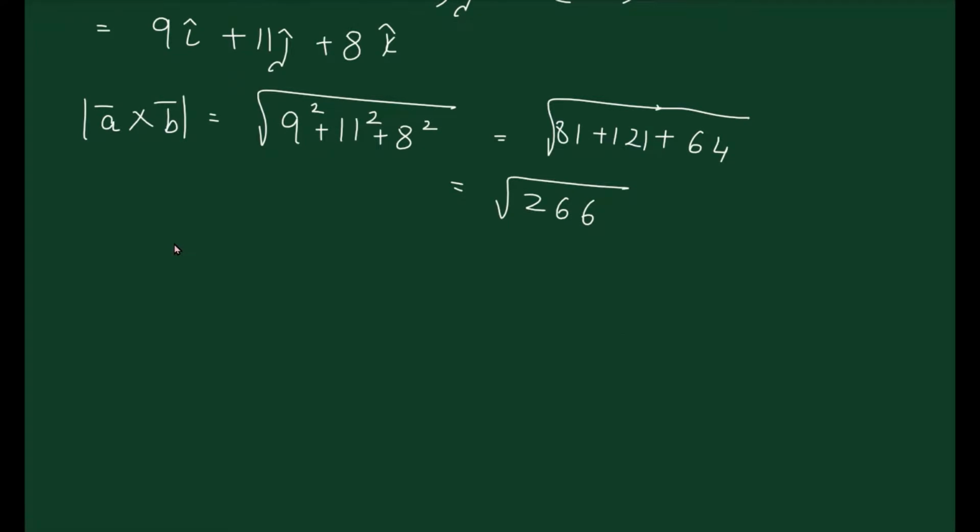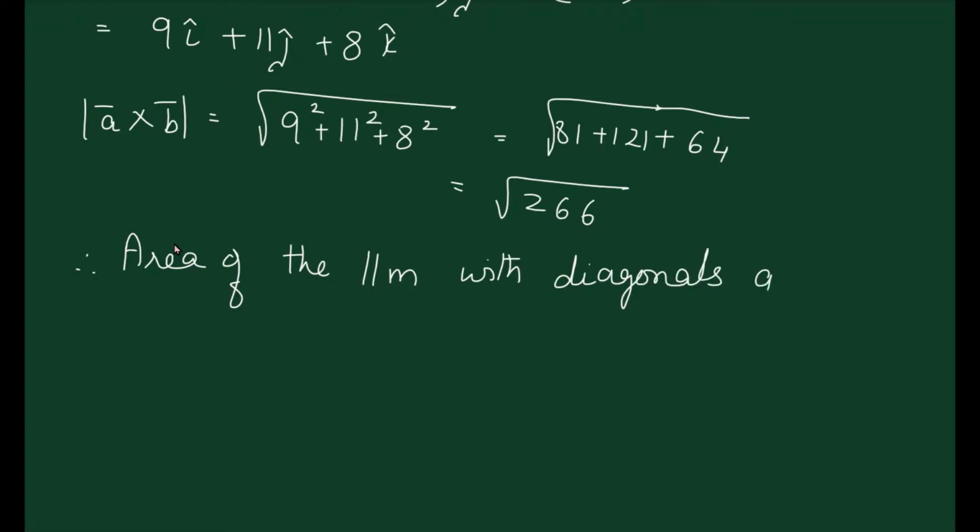Now the area of the parallelogram. So the required area of the parallelogram with the diagonals A bar and B bar is given as half mod of A bar cross B bar.